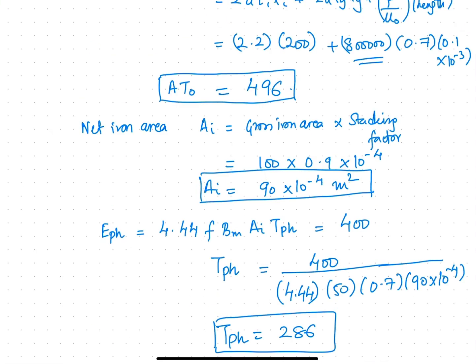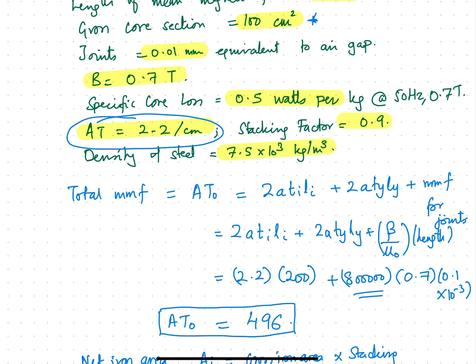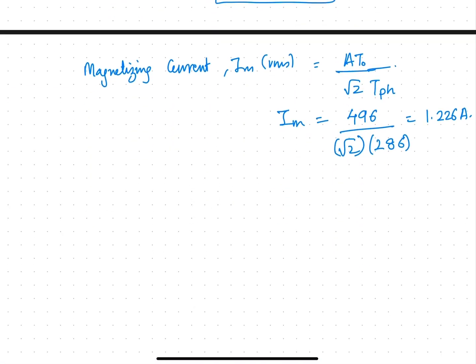Now another point to note here is that the specific core loss is given as 0.5 watts per kg. So we have to find the weight of the core, and to find the weight of the core, we see the volume of the core, and we multiply it by density.